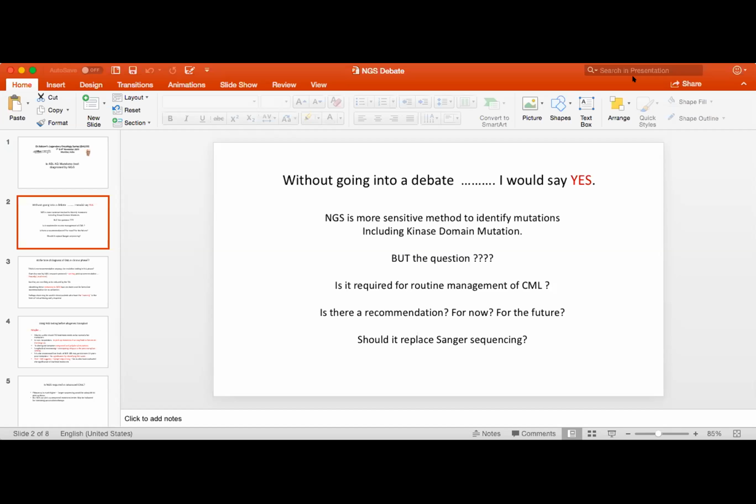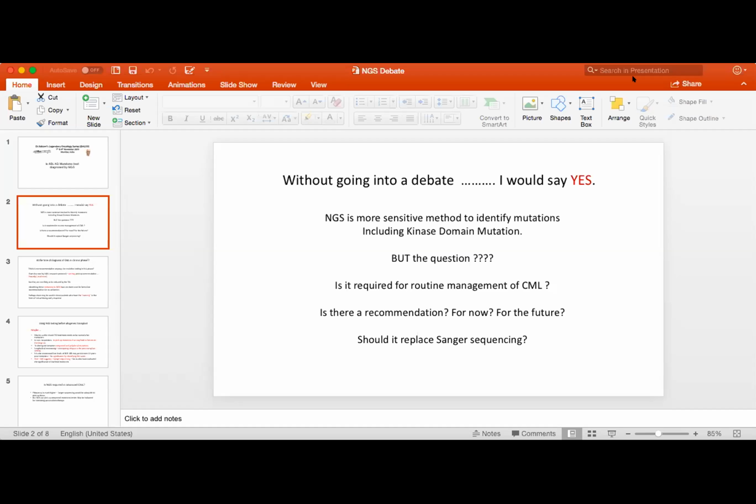But the question here is whether it is required for routine management of CML just because you have a very sensitive assay. Is there a recommendation for its use for now, or for the future? For now, I would say not ready for real time. For the future, perhaps when things become a lot more available. And should it replace Sanger sequencing? Well, let us see.